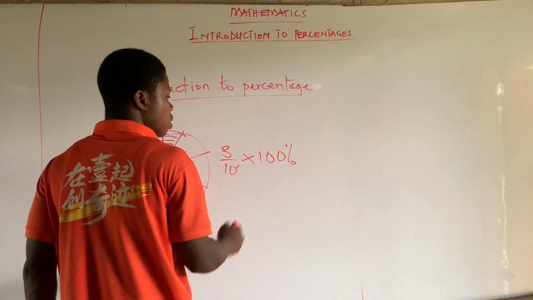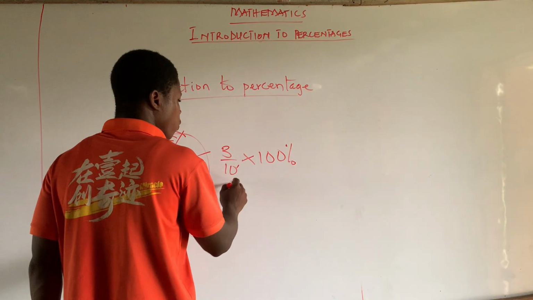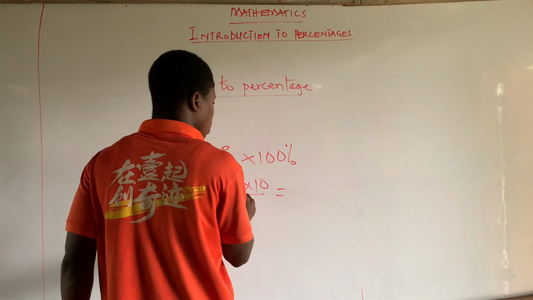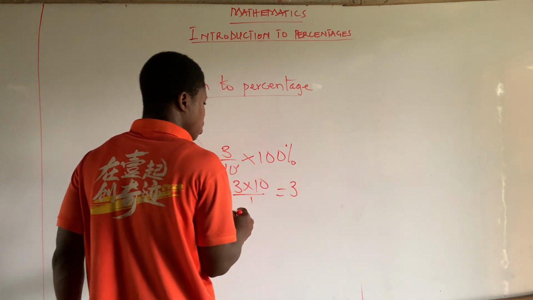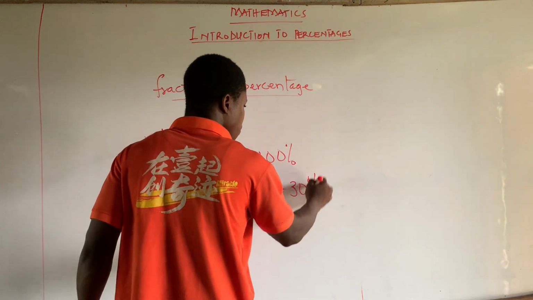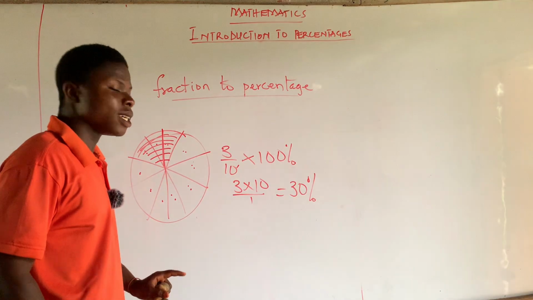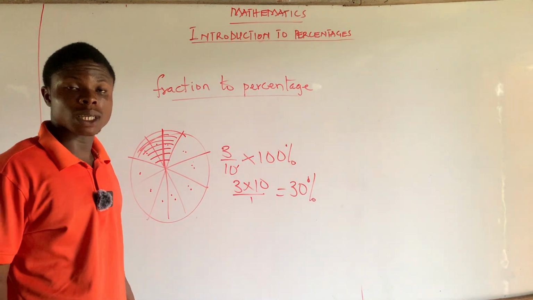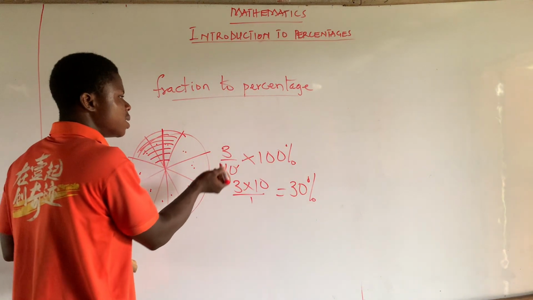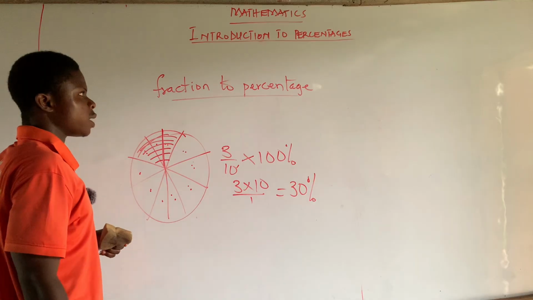You cross out the zeros, leaving 3 times 10 out of 1. 3 times 1 is 3, then 0. So 30% of the cake has been taken. That is all. This is how we convert a fraction to a percentage.